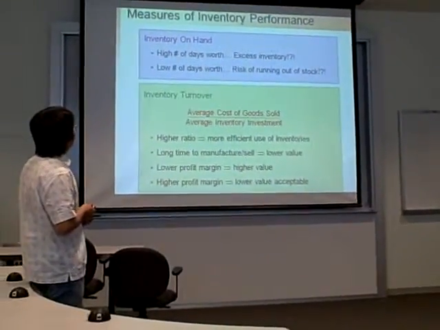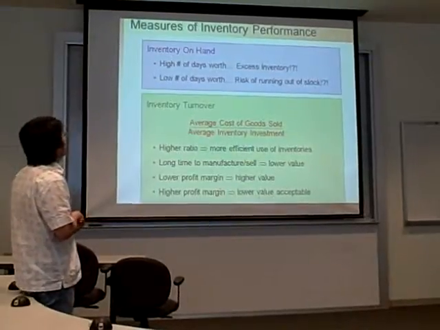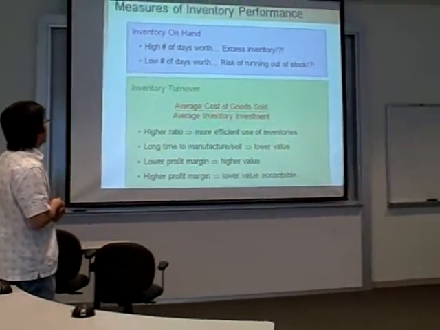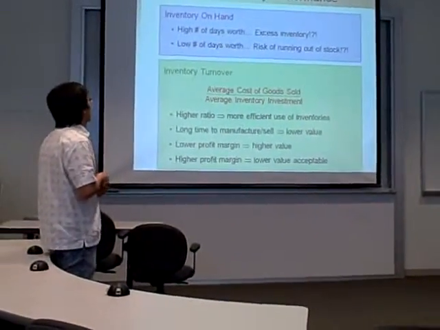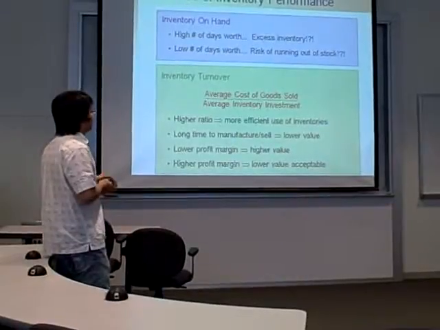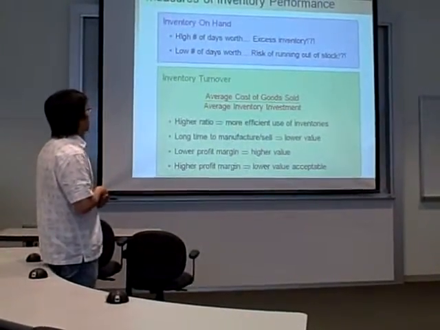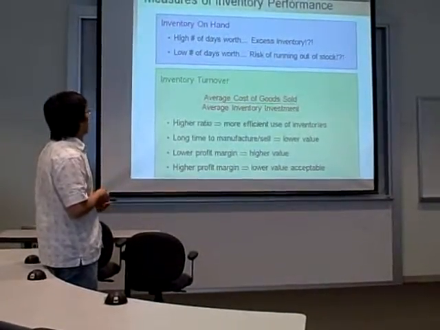These are measures of inventory performance. Let's focus on this one, which is average cost of goods sold and average inventory investment. This is the total money you invested in your inventory, and this is your revenue. If this ratio is high, that means your inventory management is efficient.